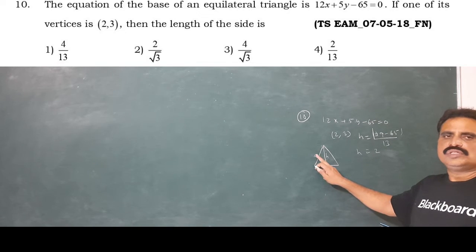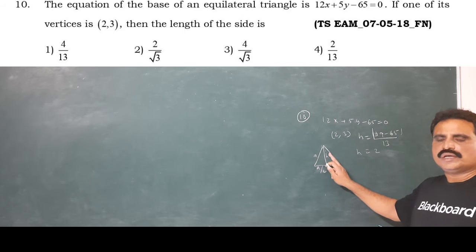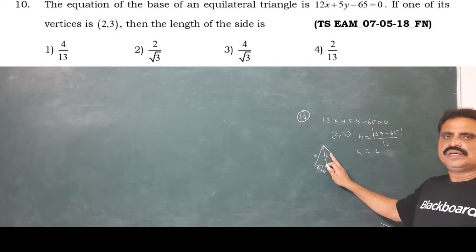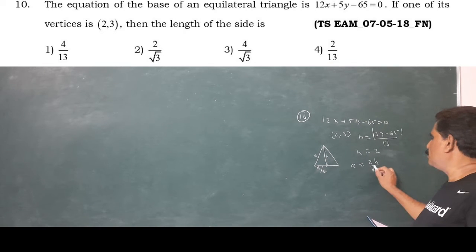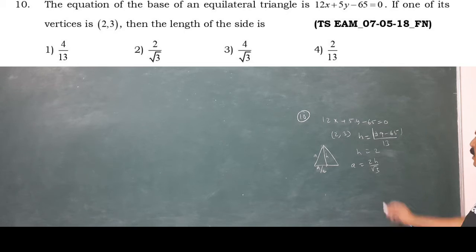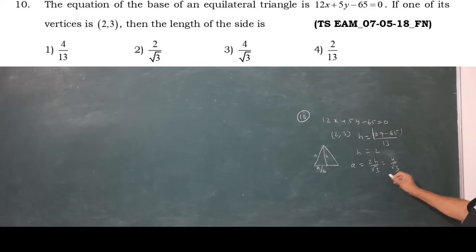That means 3a square by 4 equal to h square, h equal to root 3 a by 2. That means a equal to 2h by root 3. Substituting, that is 4 by root 3. So the third option is the right answer.